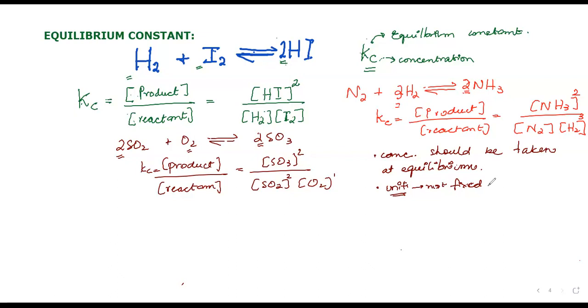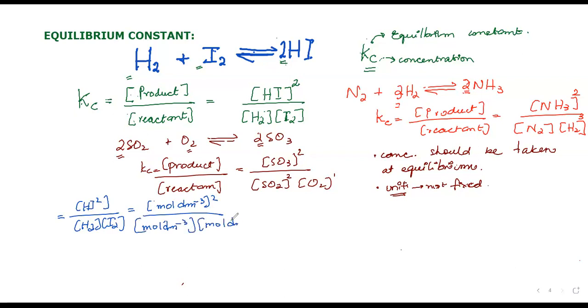For example, our first expression is hydrogen iodide squared divided by hydrogen iodine. What is the unit for concentration? Mole per dm cube. So you write that down.